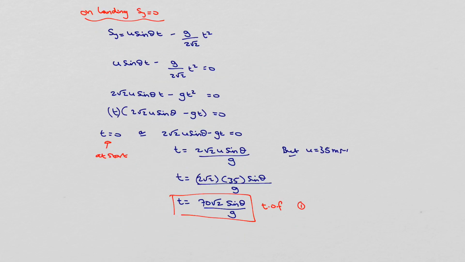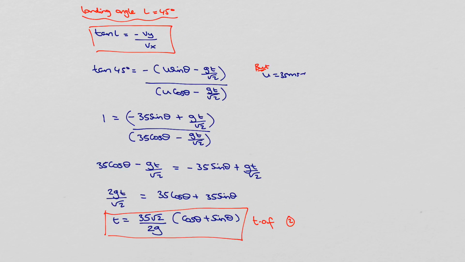And if I equate both of those, what do I have? Well, my first one was 70 root 2 over g sine theta. My second one is 35 root 2 over 2g times cos theta plus sine theta. So equating, I have 70 root 2 over g sine theta is equal to 35 root 2 over 2g times cos theta plus sine theta. Well, I can see what's going to cancel.